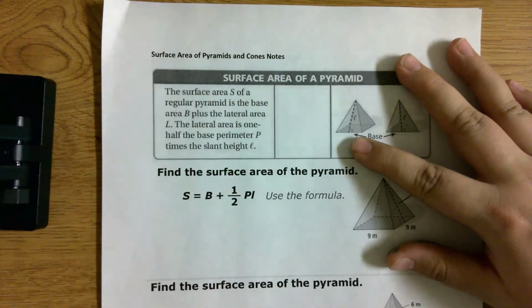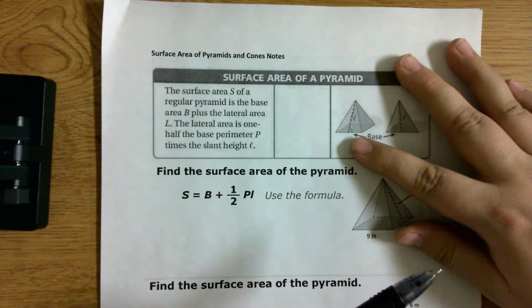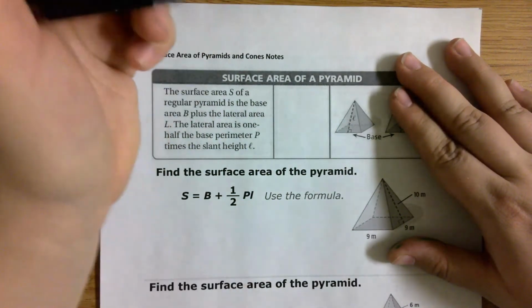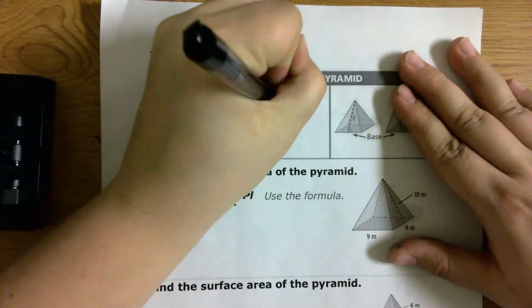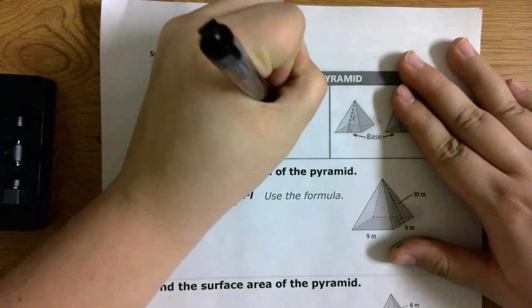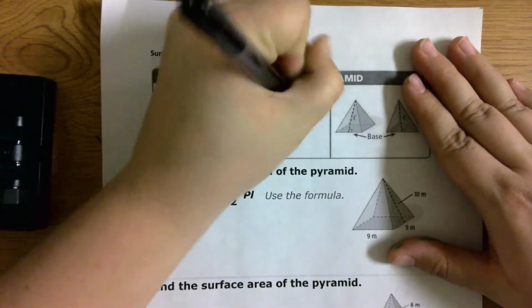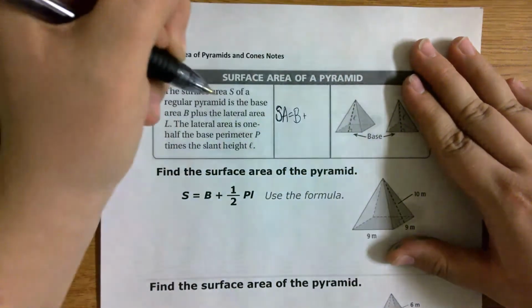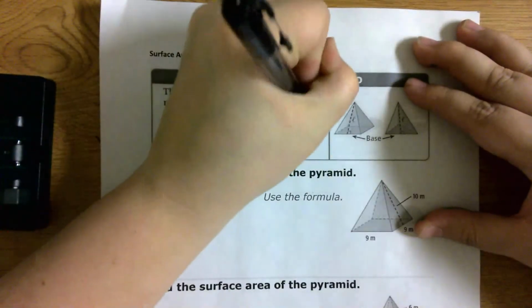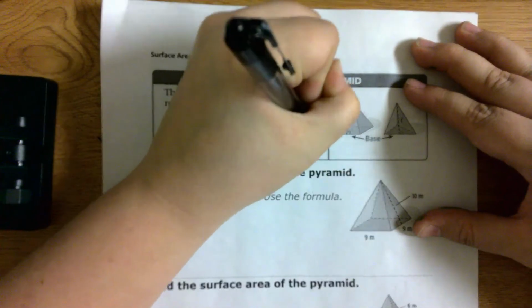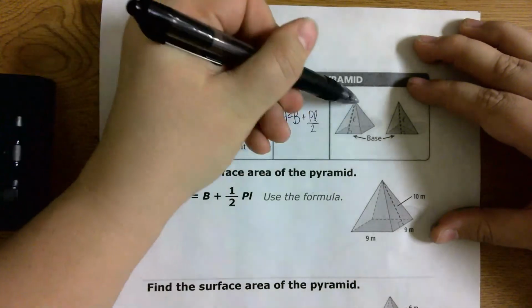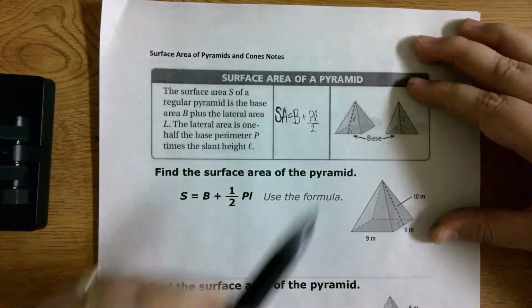Now, the lateral area is 1/2 of the base perimeter times the slant height L. So how we write our formula is SA is equal to base plus P times L over 2. In other words, the perimeter times the lateral height divided by 2 because it is a triangle.